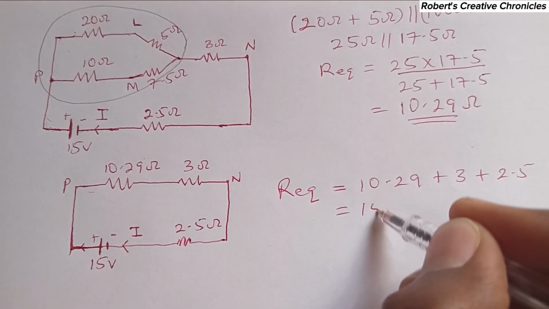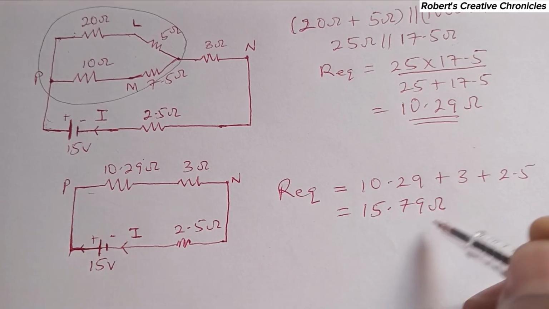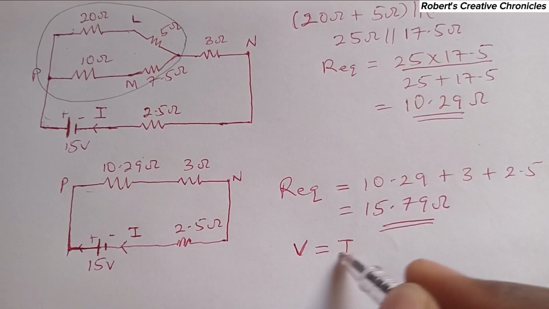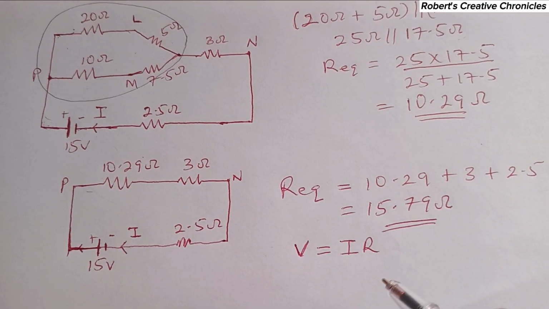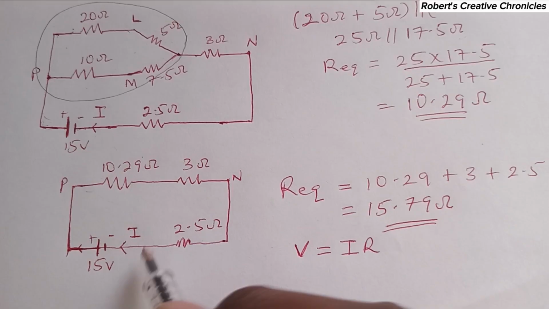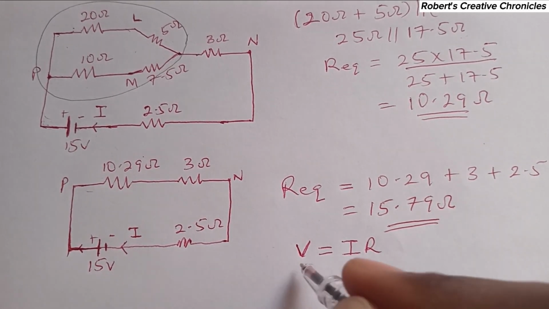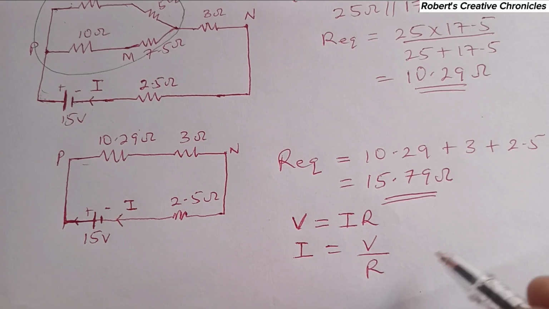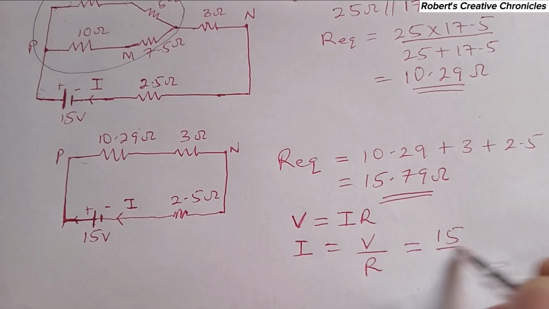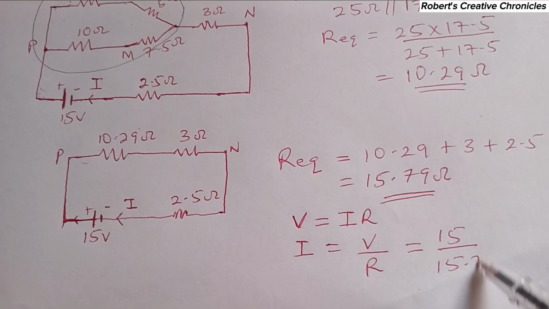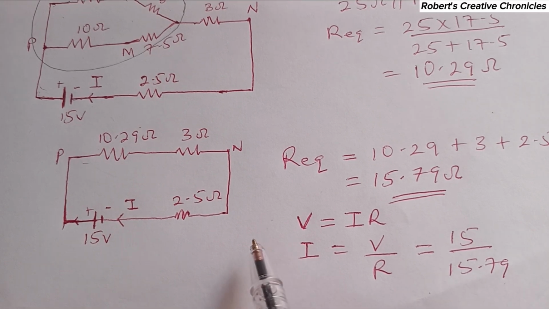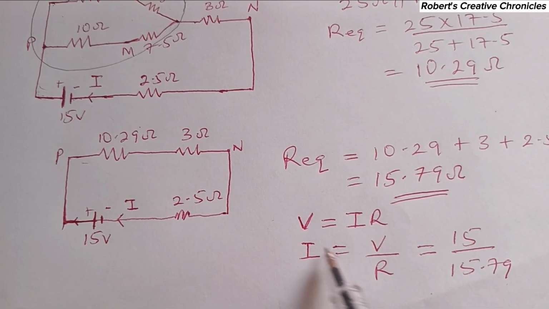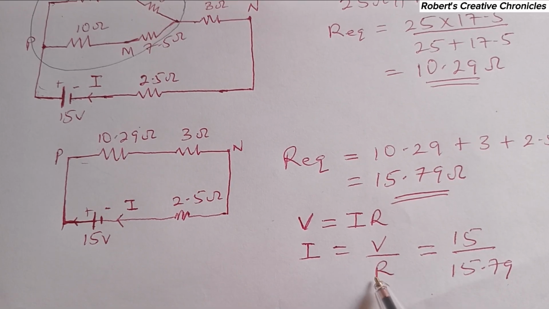So this becomes 15.79 ohms. According to Ohm's law, voltage equals current times resistance. Now we need to find the current in this circuit. So current equals voltage over resistance.